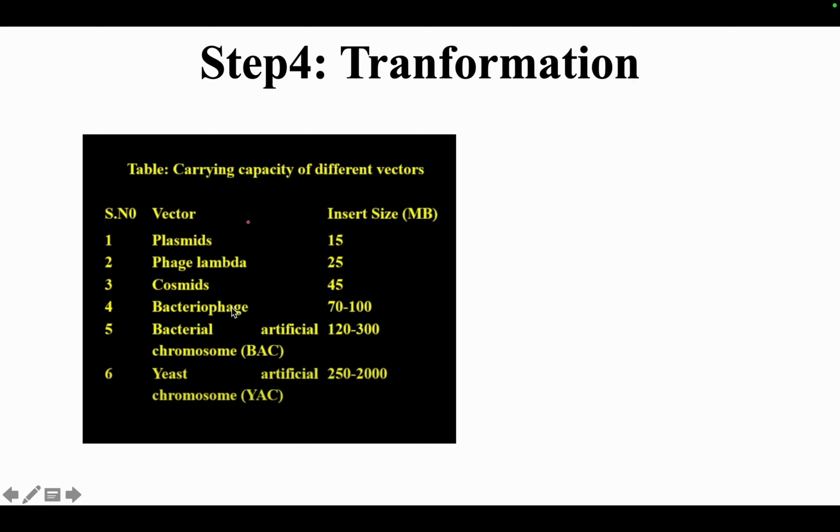These are the different vectors: plasmid, phage lambda vectors, cosmids, bacteriophage vectors, bacterial chromosome, yeast artificial chromosome. As you can see, the yeast artificial chromosome has the highest capacity, whereas plasmids have the lowest capacity because they generally get transformed into a bacteria.